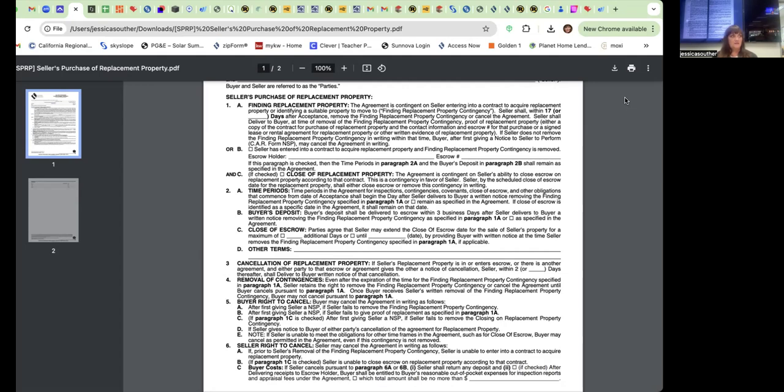Yeah, I believe they can, because it does say that all time periods start when the buyer receives the removal of that contingency. Is seller delivery of documents also included in that? I guess I need to read the paragraph and see what I interpret.